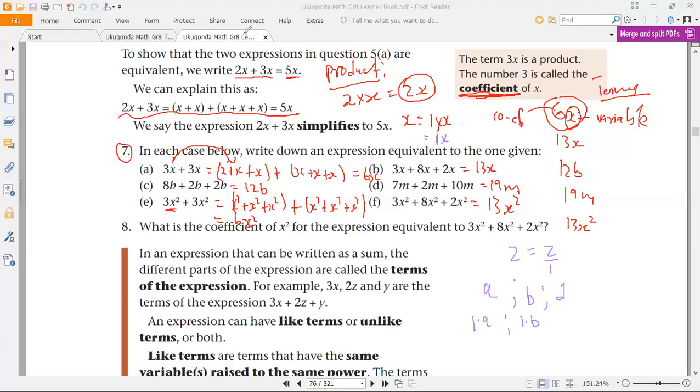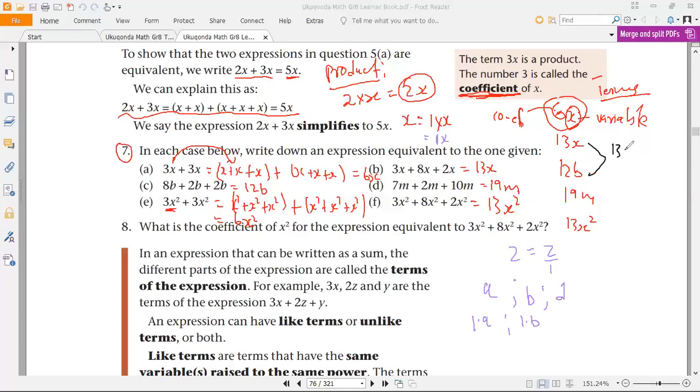Now, here's an important thing, and I want you to pay attention here. Terms are separated by a plus or a minus sign, okay? So when you've got more than one term, for example, let us take these two terms and add them together.